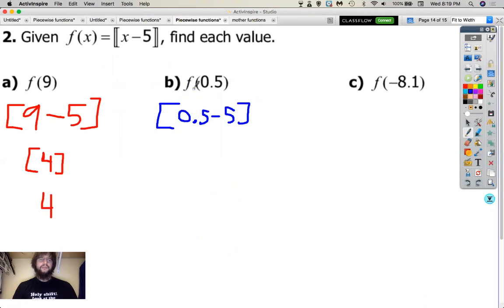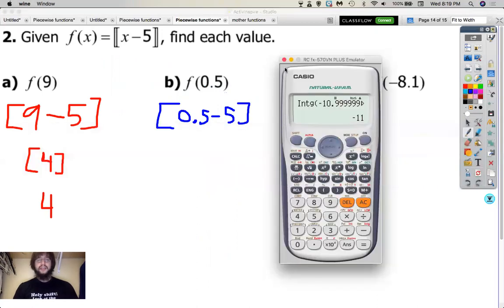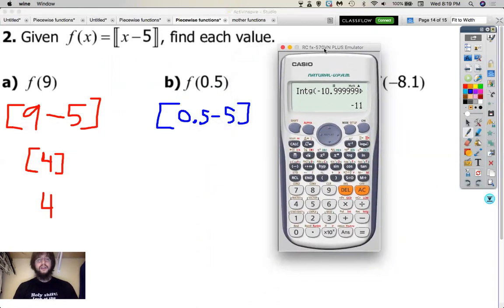Anyway, the Casio FX-115ES Plus does indeed have a greatest integer function on it, so you can just type it in here. So I could just type in alpha minus 0.5 minus 5, and that's -5.